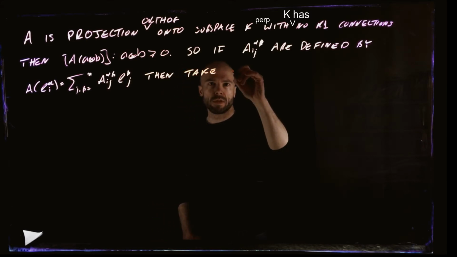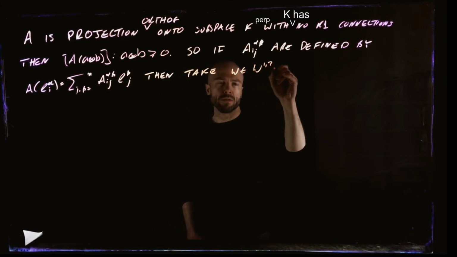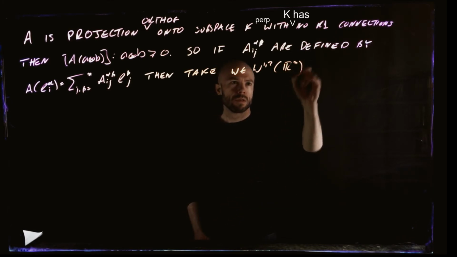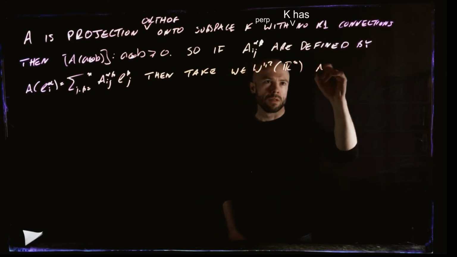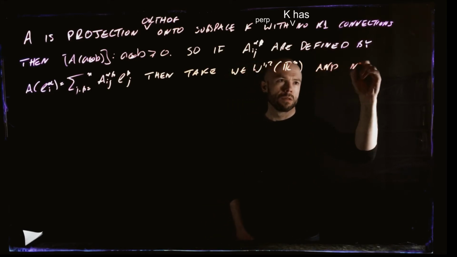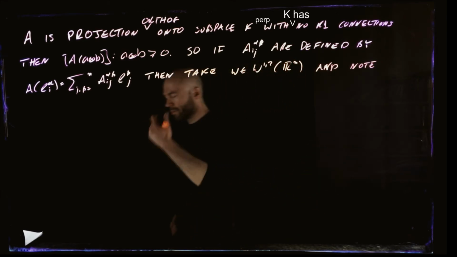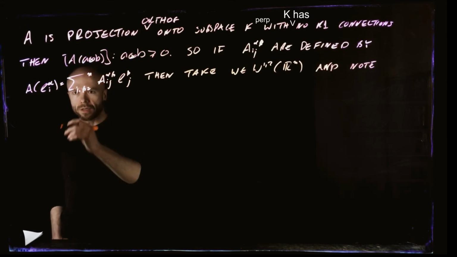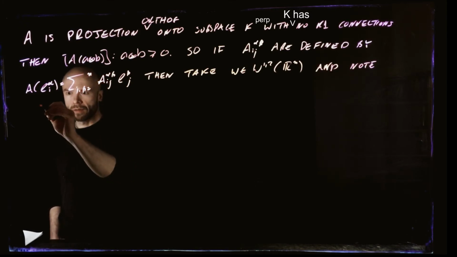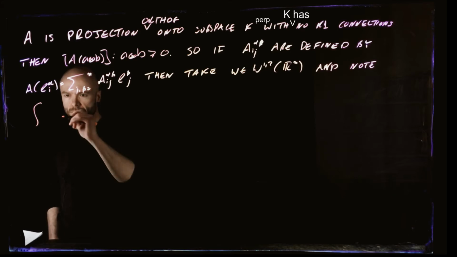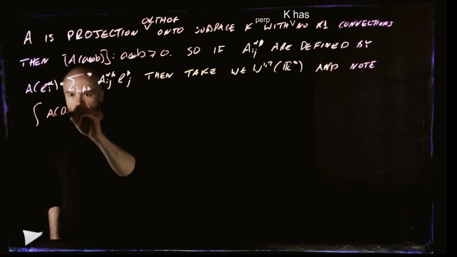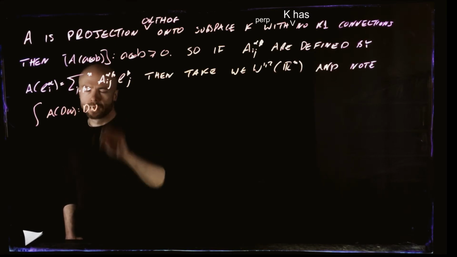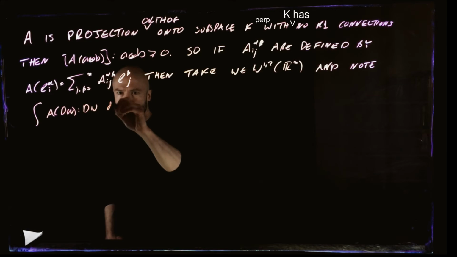So then take some, say, W belongs to W^{1,2} of R^N, and note. So this is just writing out the thing which we did at the very beginning of this video. Then note the following: that the integral of A of du, dw dot product dw dx.